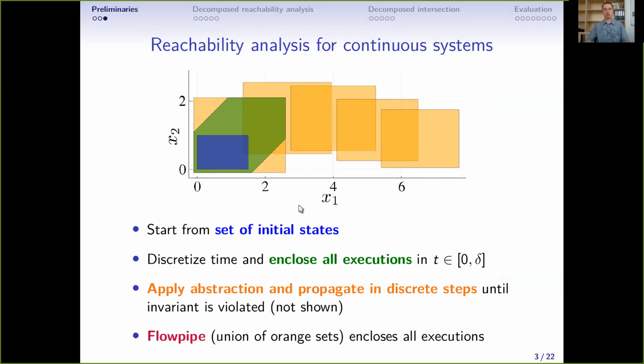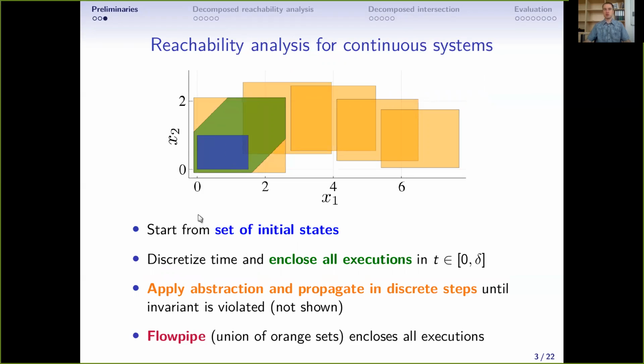So what does reachability analysis look like? Typically, you start from a set of initial states. They are given. This is part of the specification, here in blue. Then many approaches discretize time and compute an enclosure of all executions that are possible from this set of initial states up to some time step delta.